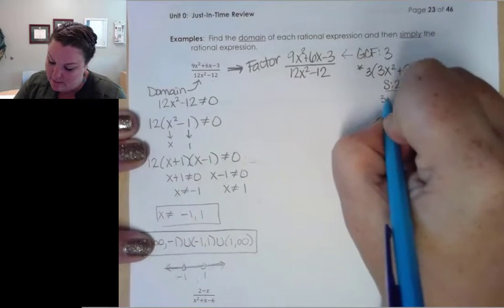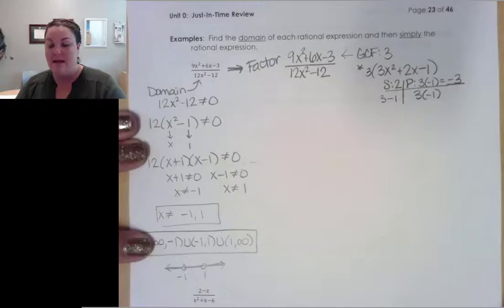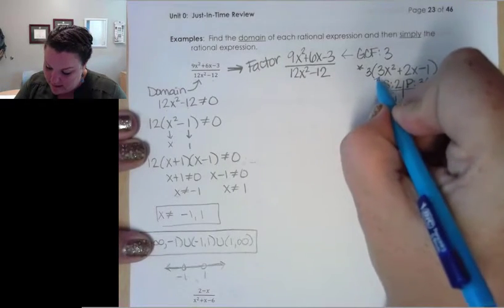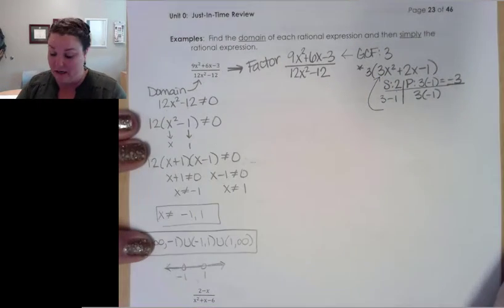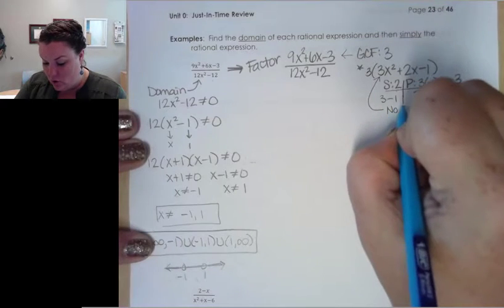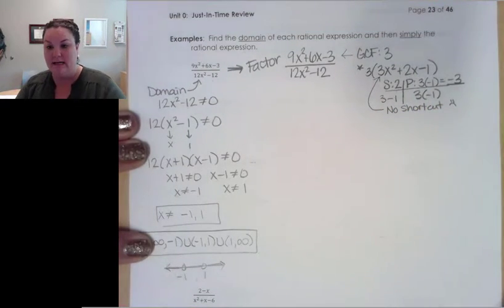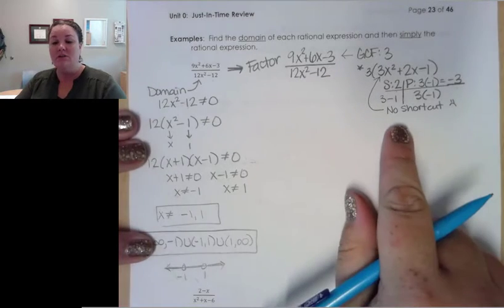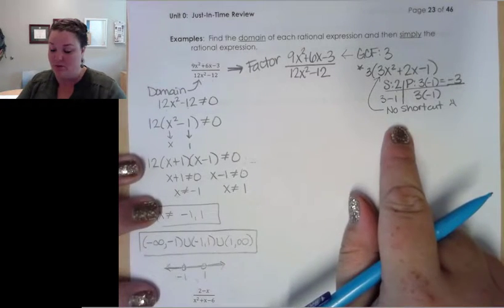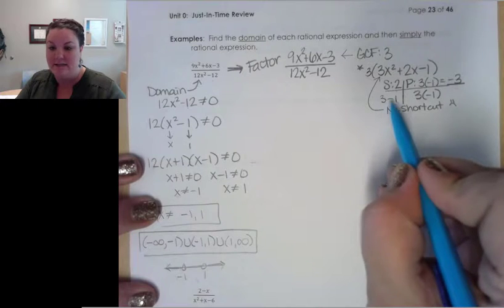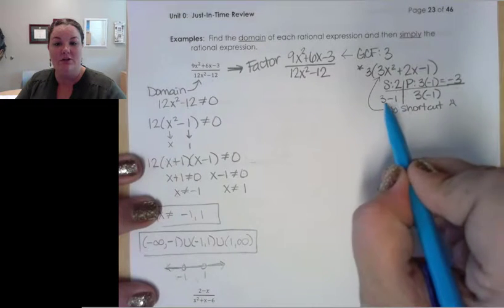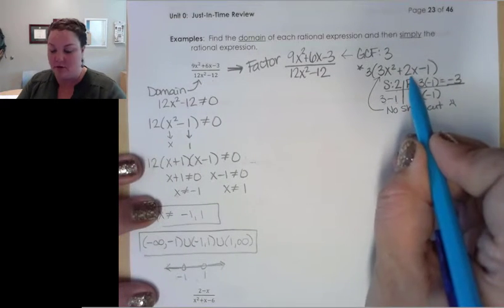Now, notice here my leading coefficient is not a 1. So that means I have no shortcut on this one. Boo-hoo, sad day, right? If I'm not able to use a shortcut, that means I need to take both of these numbers I found in my chart and use them to replace my middle term.